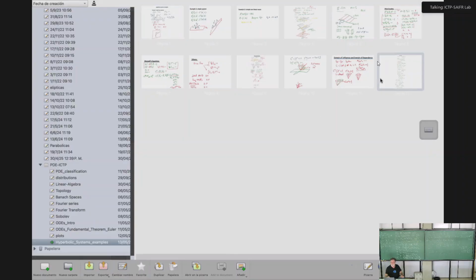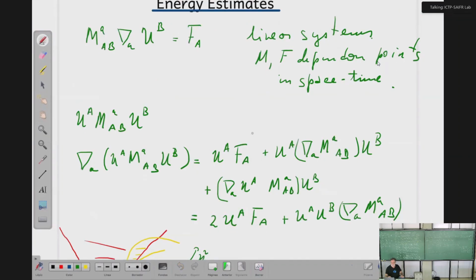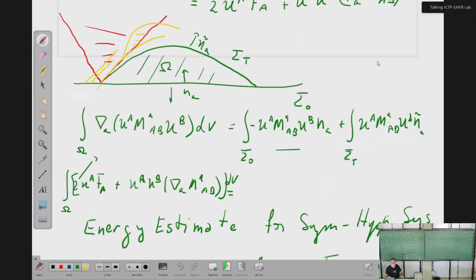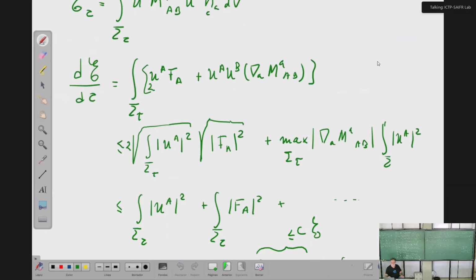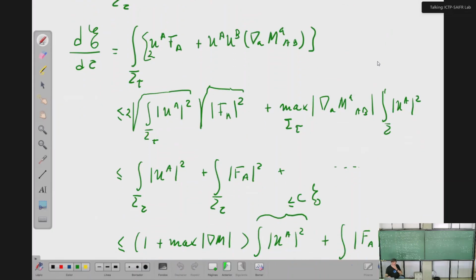There are many more things to do here, but I think it's too much for today. So I will stop here this part. We will continue and we'll discuss the linear case. But at the moment I'm going to switch and do something that is important for the lab.